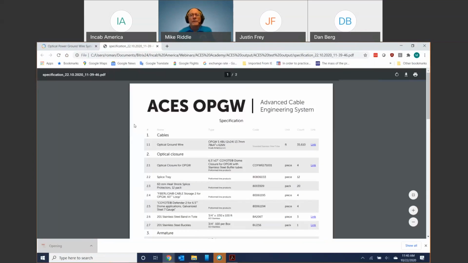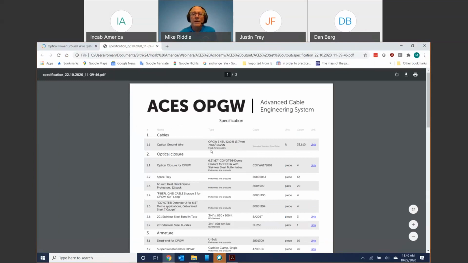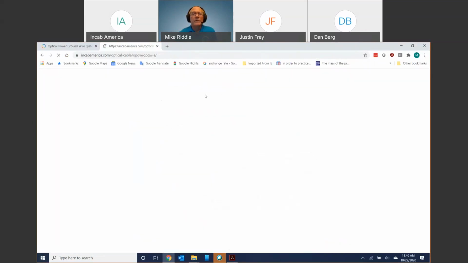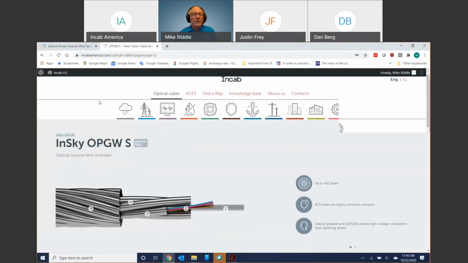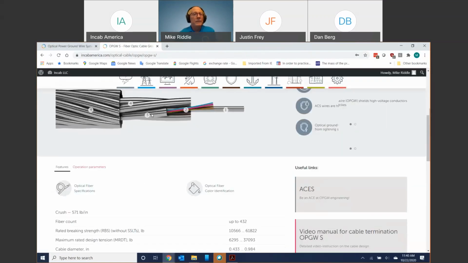And what you get is the bill of materials. So here was the cable design that you picked, and how much cable you need. If you click on the link, it'll take you to some basic information about that particular cable type.